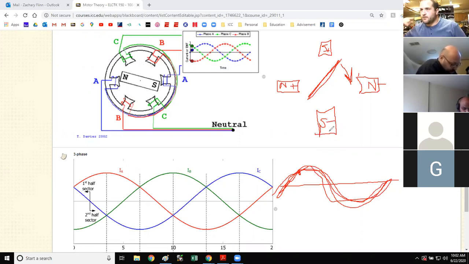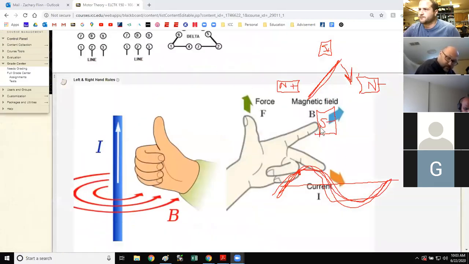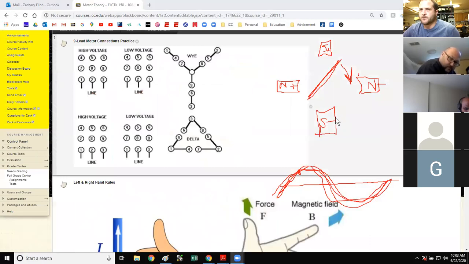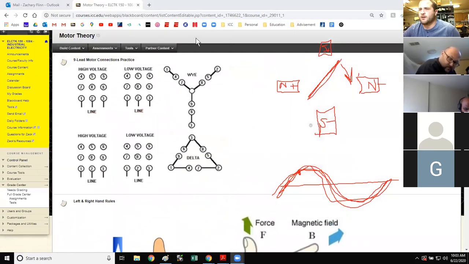As long as you guys got your brain wrapped around the theory behind what makes these things spin. And that's really, for the sake of this class, all we need to know. If you guys want to get into the particulars of the different kinds of squirrel cage and all this other stuff, in my experience in the field, especially when it comes to troubleshooting, maybe you'll end up in a place where you're working on motors, rebuilding motors and all that.